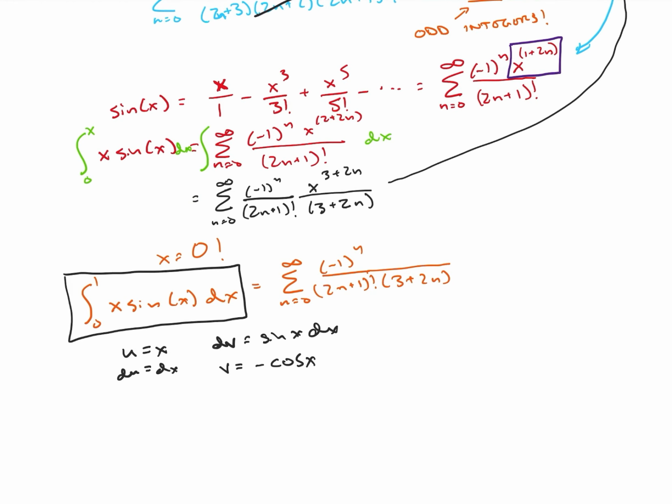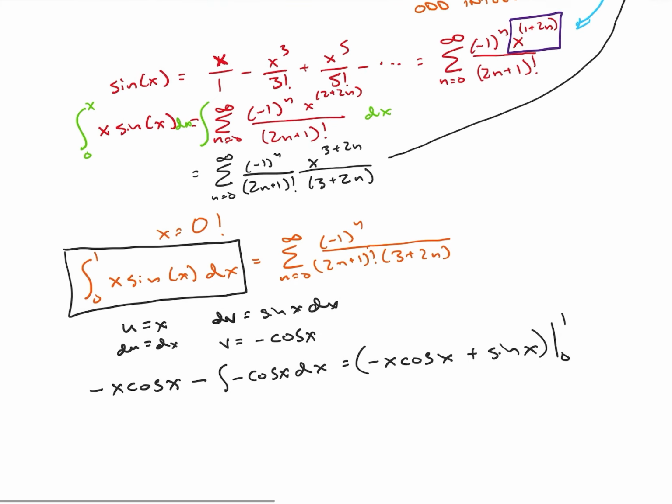So we get uv, which is negative x cosine of x, minus the integral of negative cosine of x dx, which gives negative x cosine of x plus sine of x, and that whole thing is evaluated from 0 to 1.